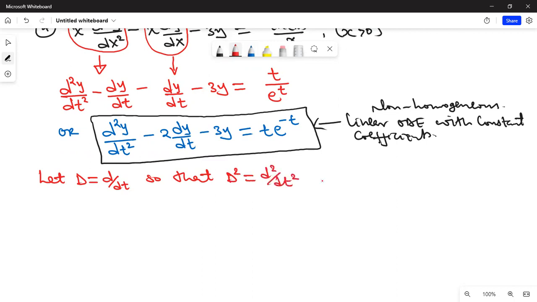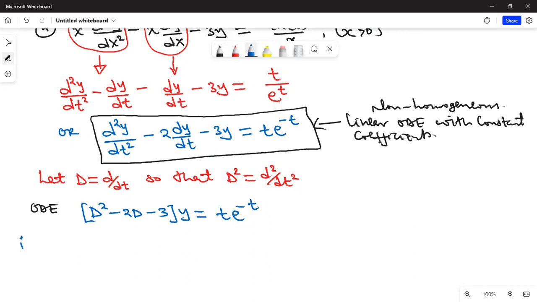So the equation in terms of the D operator will now be this one. Our ODE is now d squared minus 2d minus 3 operating on y to give us t times exponential negative t.